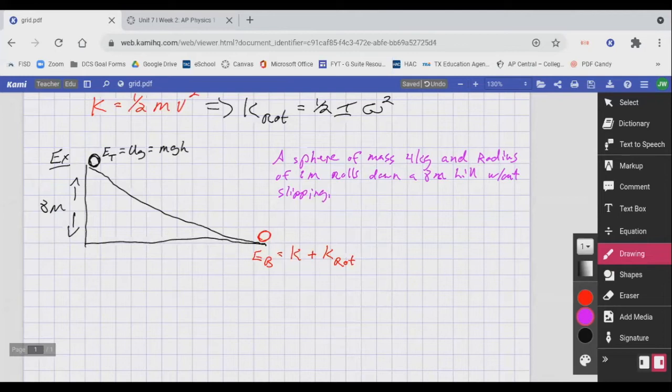What is its speed at the bottom? Now I'm going to add in a word. What is its linear speed?